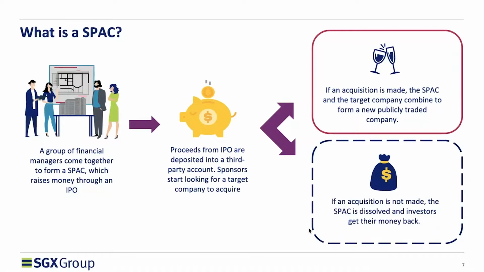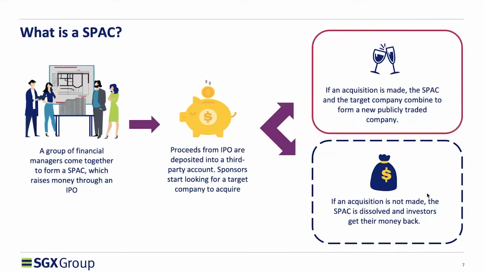Thereafter, the proceeds from the IPO are put into a third-party account. We call this third-party account also an escrow account. Thereafter, the sponsors will go about starting to look for a target company to acquire. This may actually take some time. If an acquisition is made, what happens is that the SPAC and the target company combine to form a new publicly traded company.